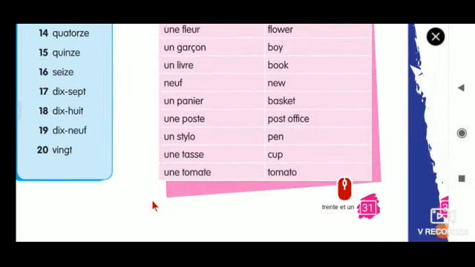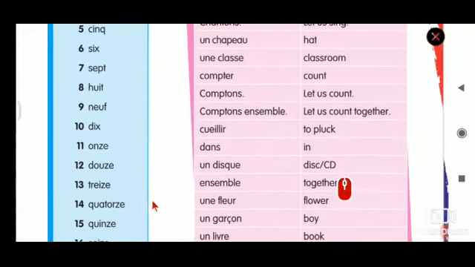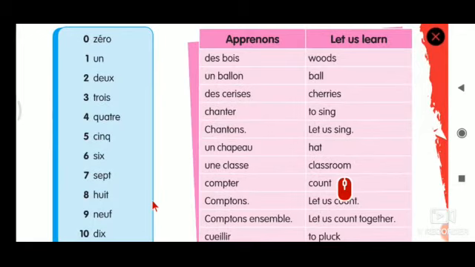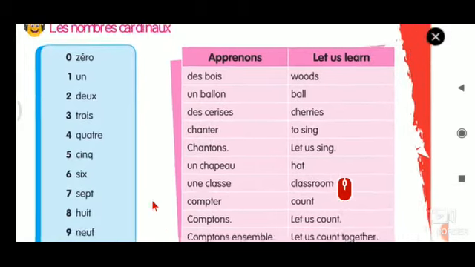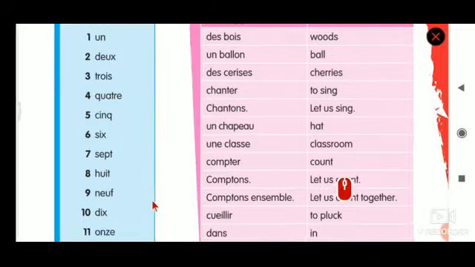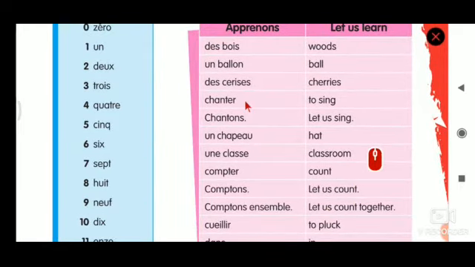Please check your page number 31. So the same way we are going to play at the end of the session. So just concentrate. The first word is, first I'll just repeat along with me. Apprenons. Des bois, woods.